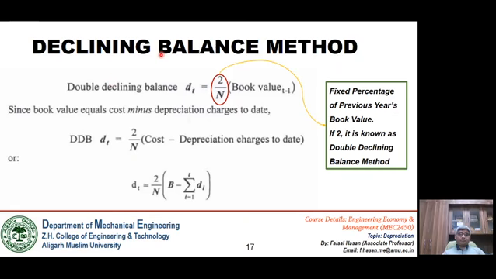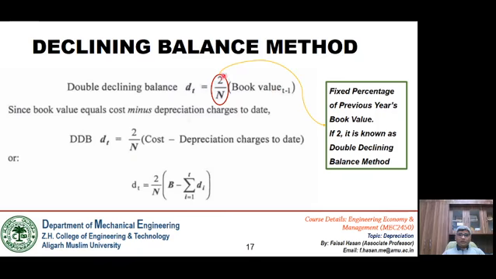Now, in the declining balance method, we are basically deducting a fixed percentage. So the question is, how much is the percentage we can deduct? For that, we have a formula, that is 1 by n times the book value of the previous year.